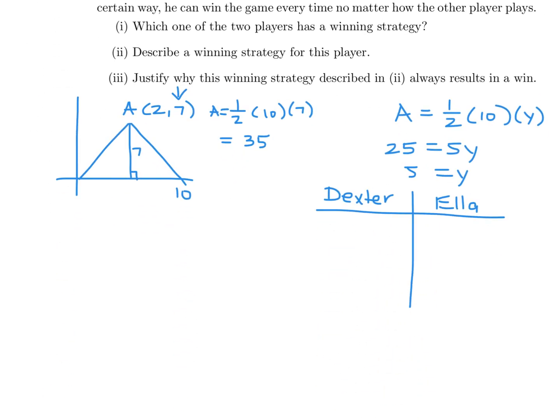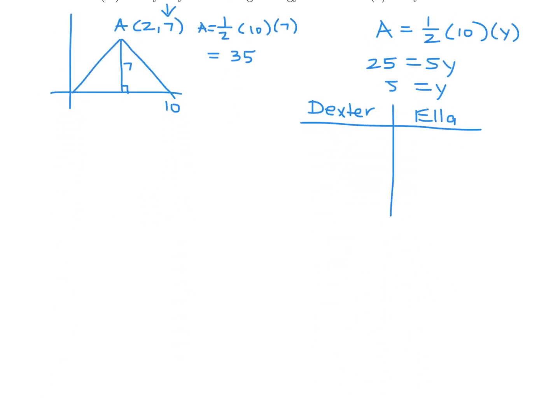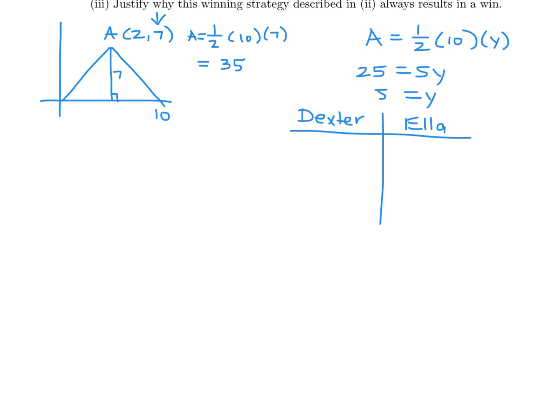Okay, so let's start off with him going left. If he goes left, then he started here, which means he would be at 1, 7. Now, Ella's goal is to have a y coordinate of 5. So she can go left again.